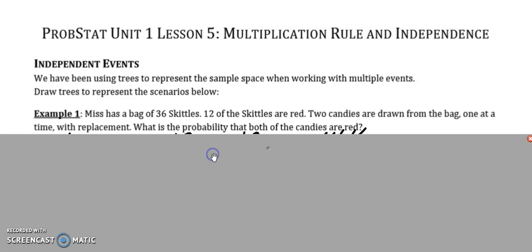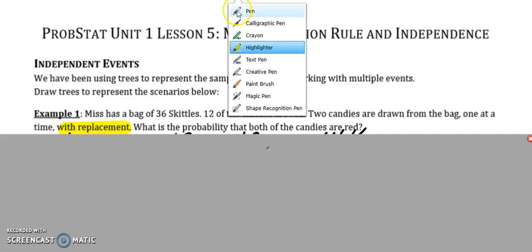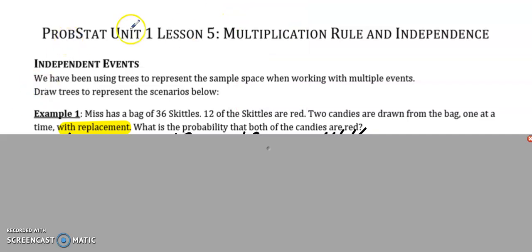First, if we have a bag of 36 Skittles and 12 of them are red, we're going to draw one from the bag one at a time, key being with replacement. That means we're going to draw it and then put it back.